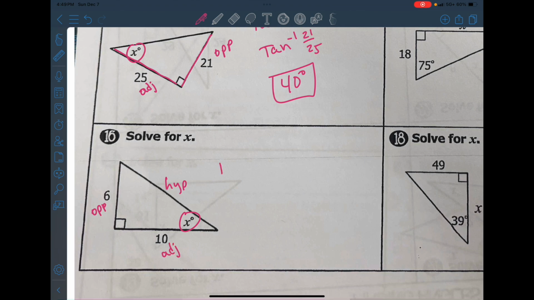So I know I'm using tangent equals opposite over adjacent. So that's the arctan of 6 over 10. So we're going to hit second tangent, 6 divided by 10. And you have 30.9, which rounds to 31 degrees.